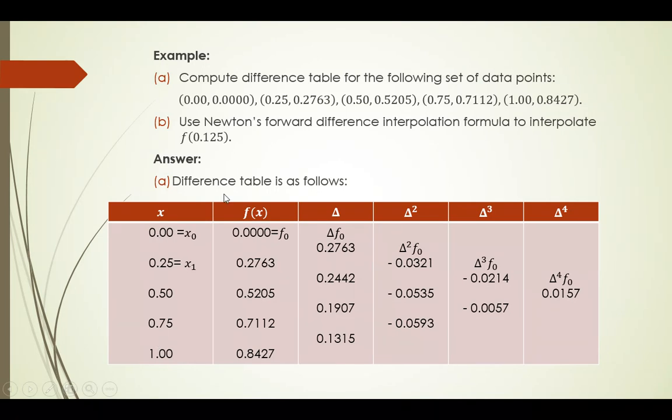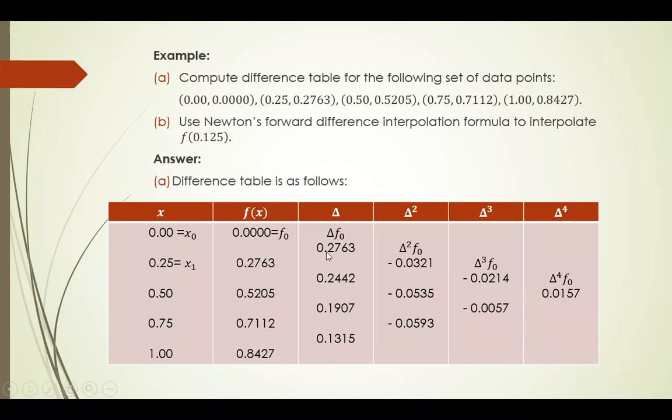And the values of f of x, actually the second value of each ordered pair, we write all those values in the second column. Thirdly, because delta is used in Newton's forward difference interpolation formula, we write here delta. That is actually the first difference, that is the second difference, third difference and fourth difference.